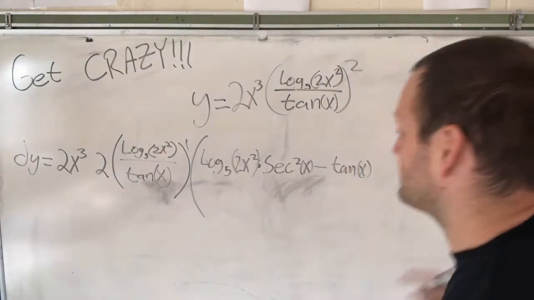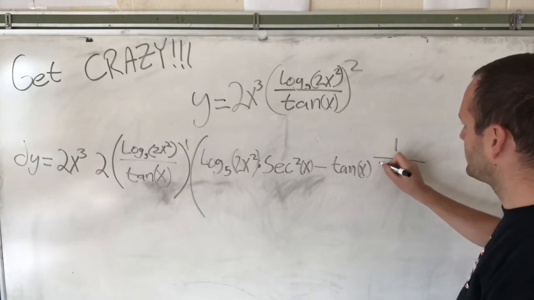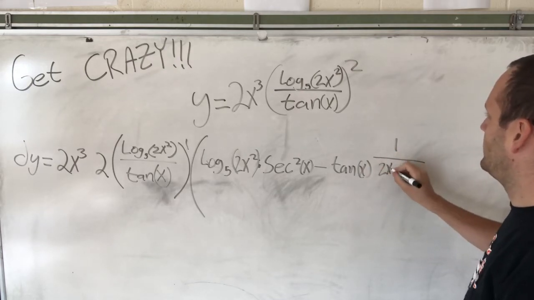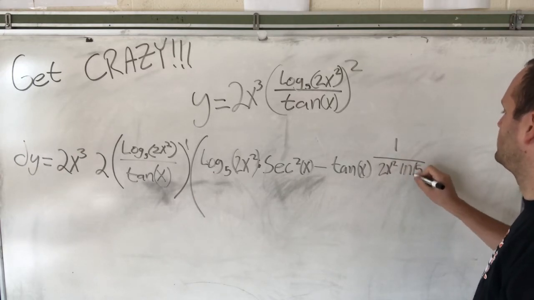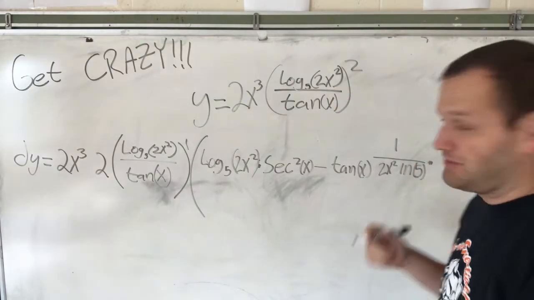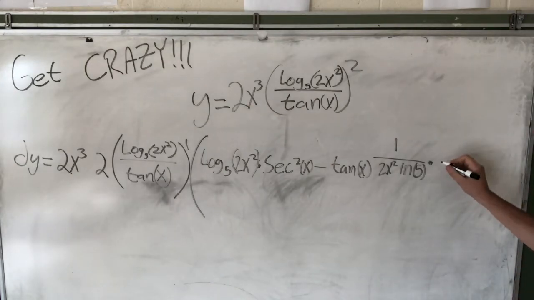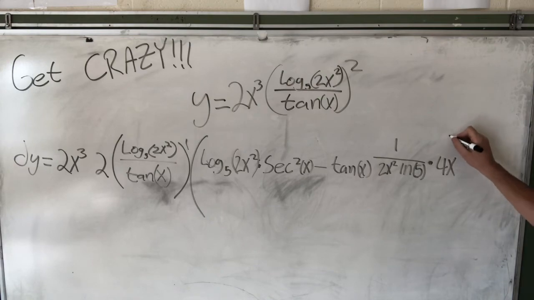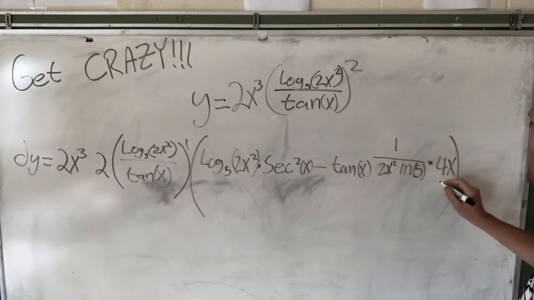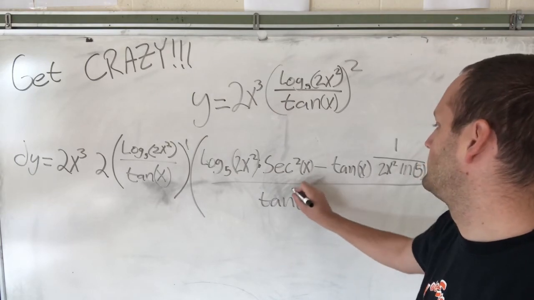The derivative of the top, if you remember with these log functions, is going to be 1 over, sorry, not ln, 2x squared ln of 5 times the derivative of the inside, because it's also part chain rule, okay? Whenever you see something in parentheses, you're using the chain rule. Derivative of the inside is 4x. Whew! That took forever. Okay, well now we've got the bottom squared. Tangent x squared, okay?